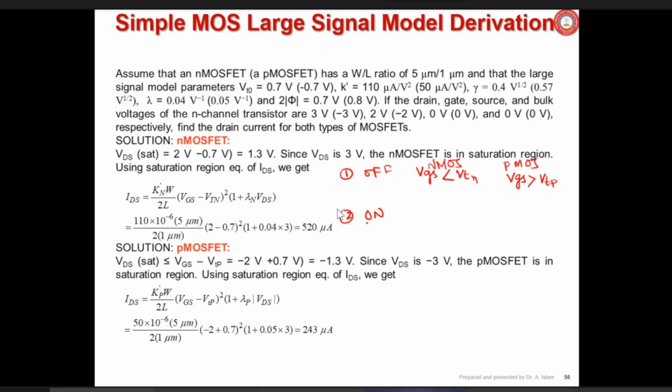Now, if the MOSFET is on, there are two cases: the MOSFET will be in saturation region or linear region.